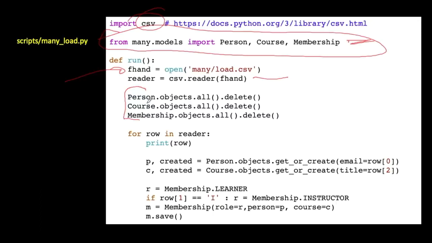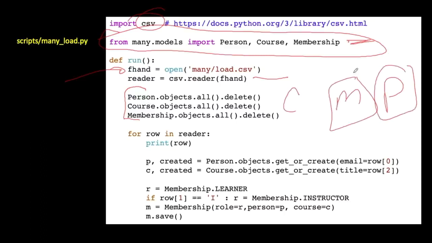If you recall, for the person table, the membership table, and the course table, there was an on-delete cascade for both of the foreign key relationships coming out of the membership table. So probably, if all was well, after the person objects all delete was done and the course objects all delete was done, the membership table would likely be empty.